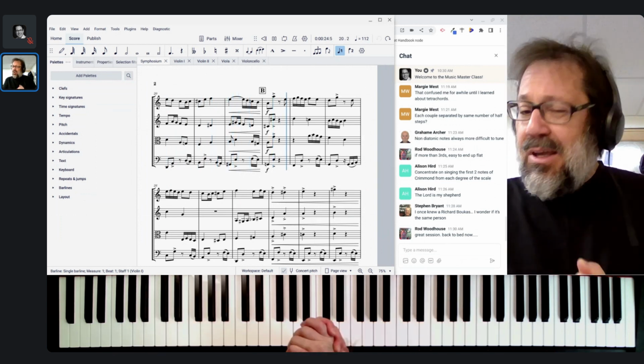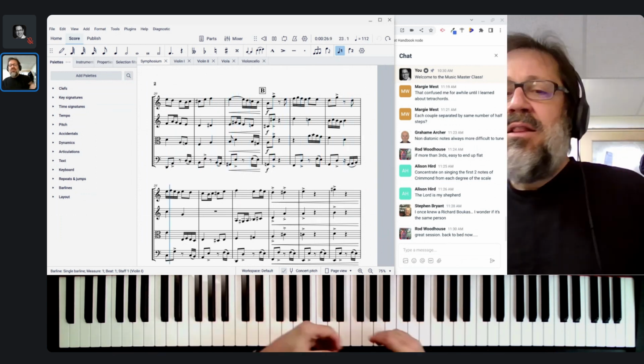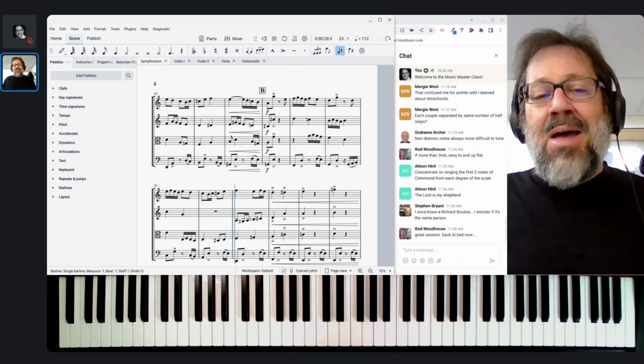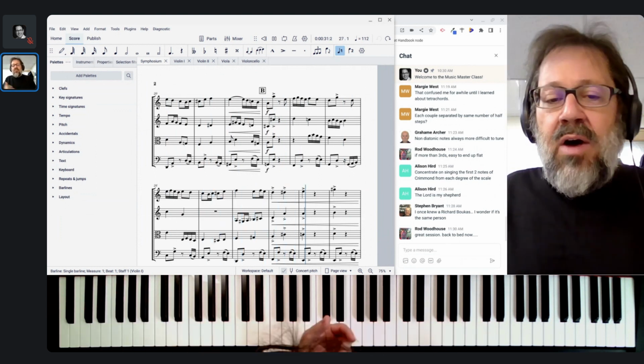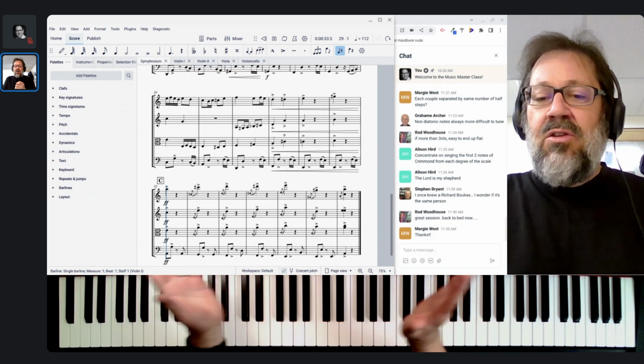So work the exercises, work the ear training. Let's really do our best to solidify this before we move on to minor scales. So we're going to stick with this for a little bit longer.